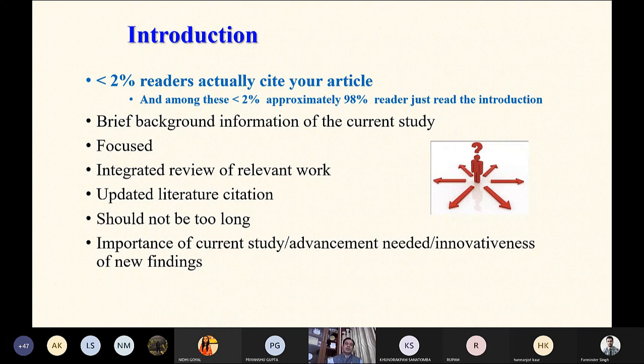The introduction section should not be very long. We have to make it concise by indicating what has already been done by others and why we are going to conduct our research.